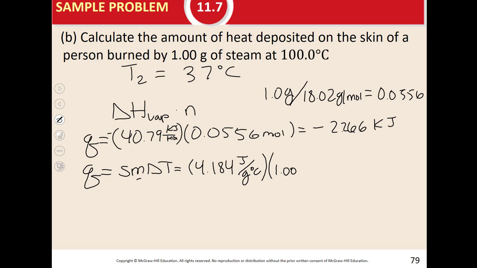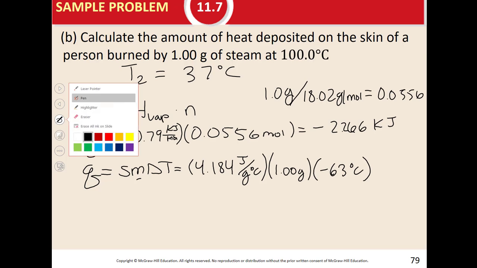We can leave it in grams, that way the units will cancel. And then delta T, if we're going from 100 degrees Celsius down to the body temperature, which is 37, what change in temperature is that? Positive or negative? Negative, good, because we're dropping in temperature, so negative 63 degrees Celsius.